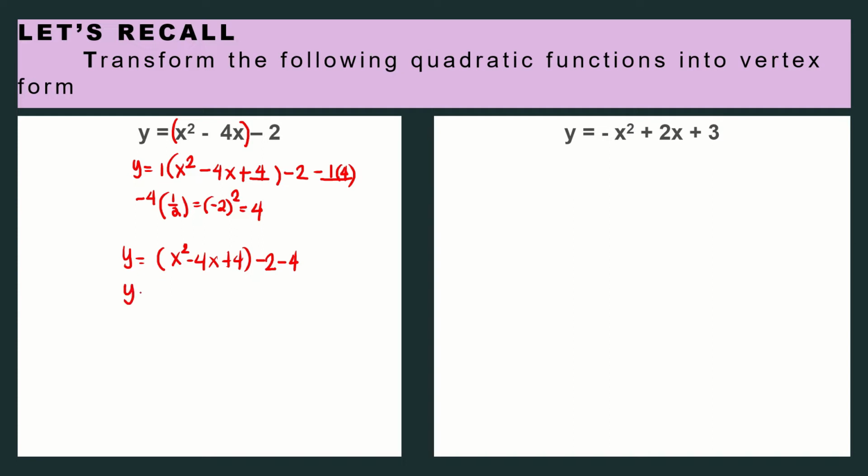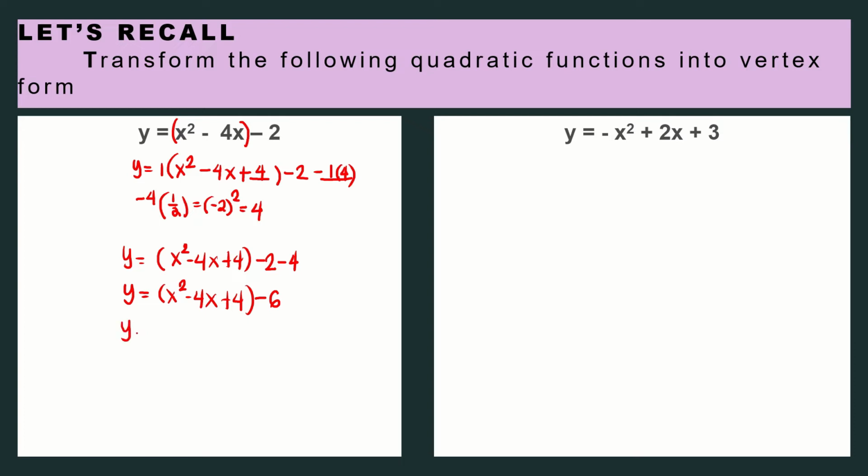Next is we're going to simplify. That is now x squared minus 4x plus 4. Negative 2 minus 4, that is equal to negative 6. Then, we can convert this perfect square trinomial into a square of binomial.